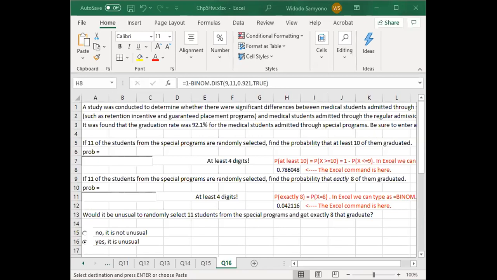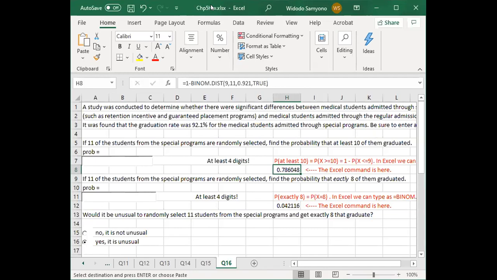So at least 10 of them graduated. At least is the same as what? Greater than or equal to 10, right?